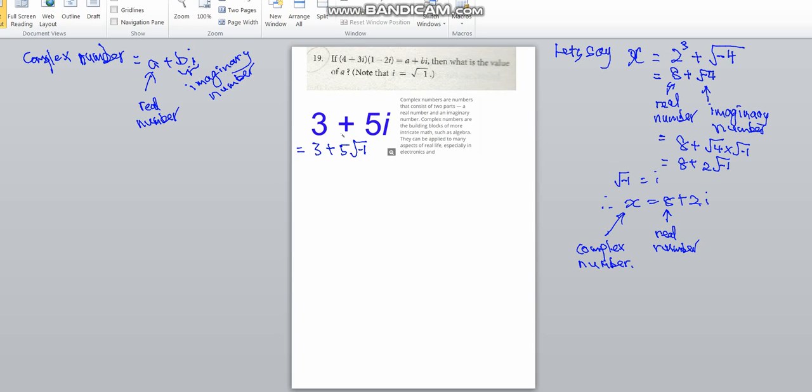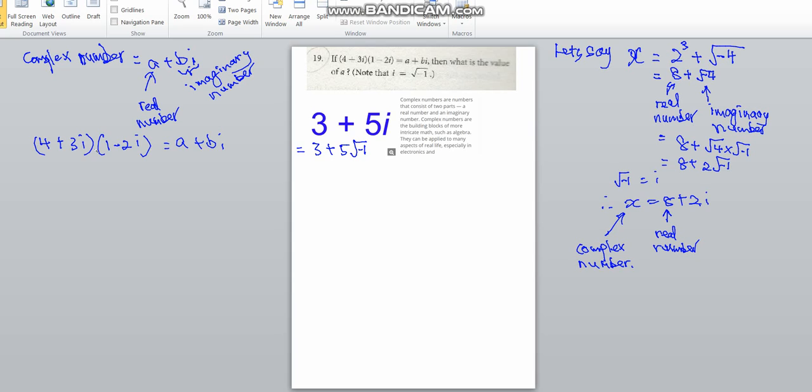Now let's look at this question. You say that (4 plus 3i)(1 minus 2i) is equal to a plus bi. What is the value of a? So what we're going to look at is (4 plus 3i)(1 minus 2i) equal to a plus bi.